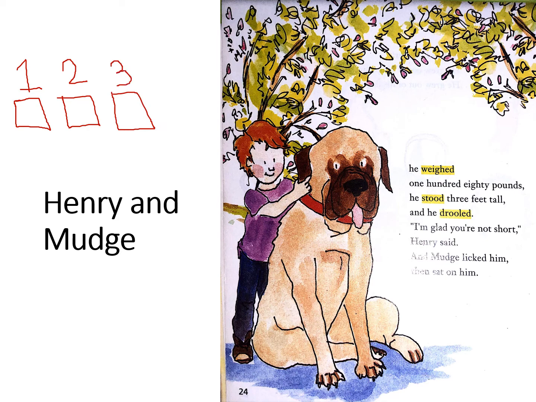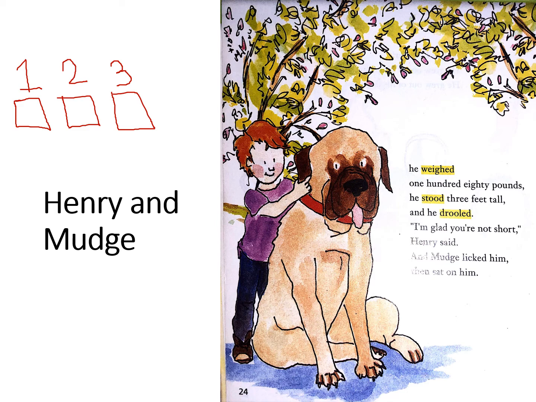How would you do that? I think that you should go back to the story and definitely reread the story. That's the first thing you should do. The second thing you should do is, when you're thinking about what happened in the story, think about the order in which it happened.